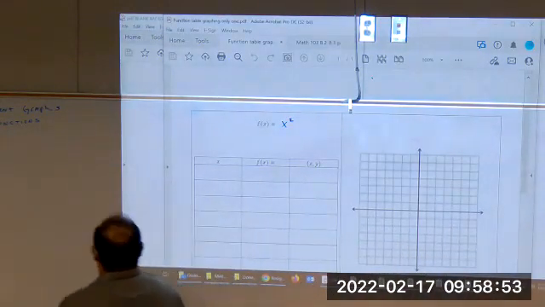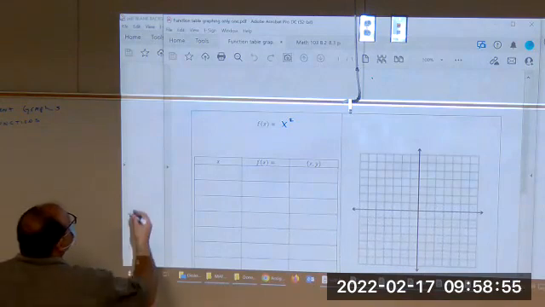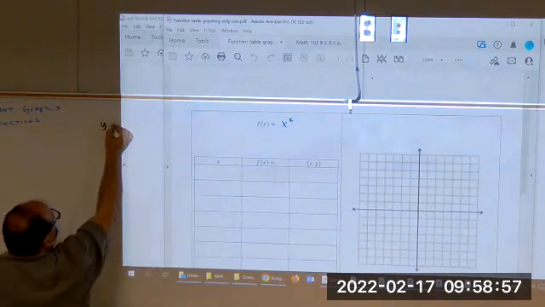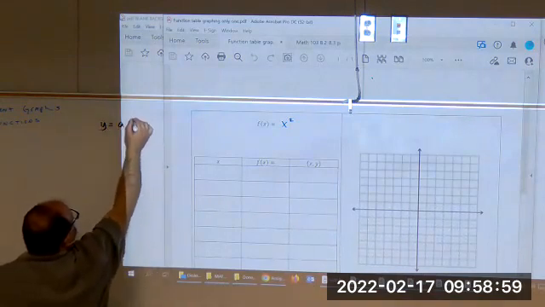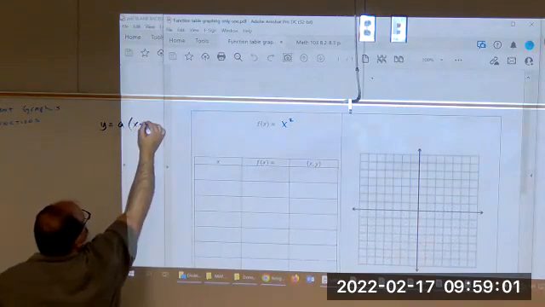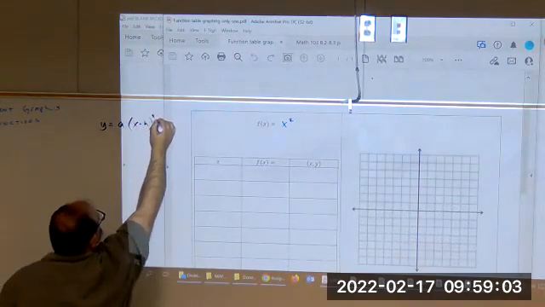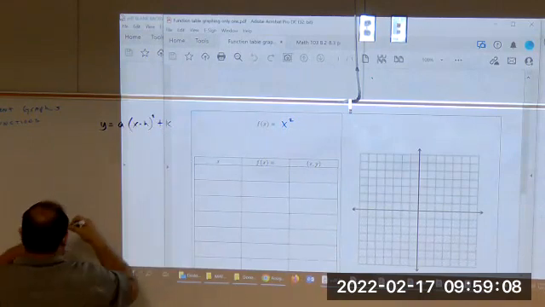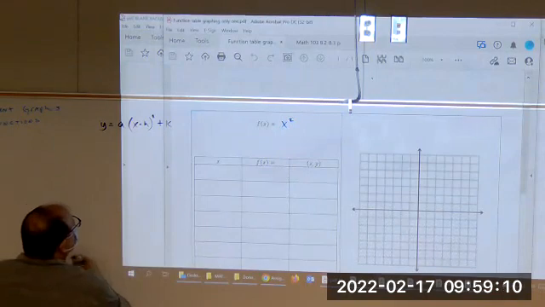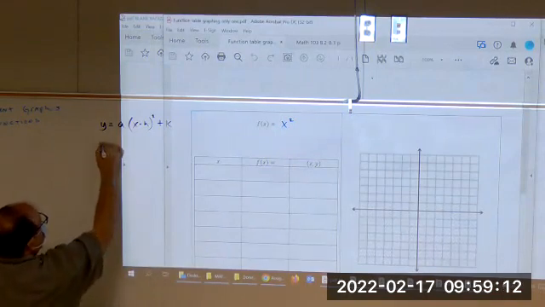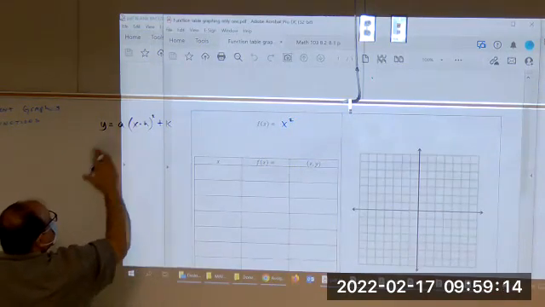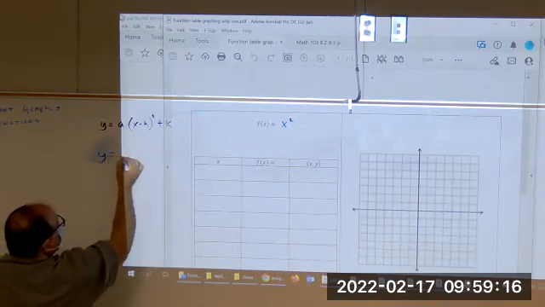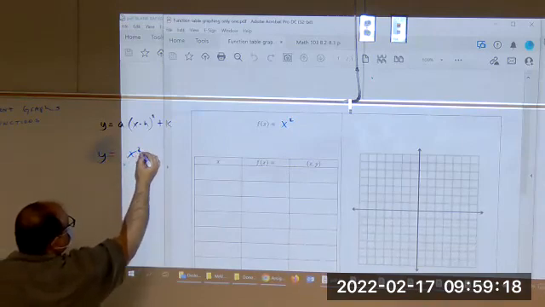So let's just take a quick comparison. Y equals a parentheses x minus h to the second power, and then plus k is where we're headed. And right now, all you're looking at is just simple y equals just x squared.